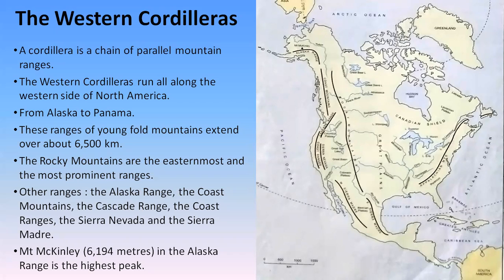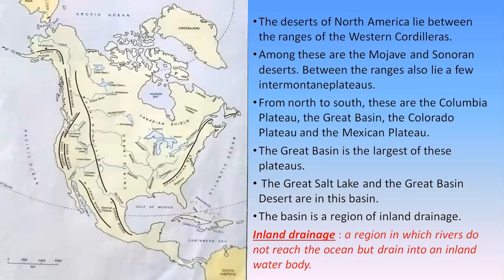One of the important and highest peaks of this area is Mount McKinley, 6,194 meters above sea level, the highest peak in this range. We studied some of the inland drainage system, the Colorado River and its tributaries, and the Great Basin.